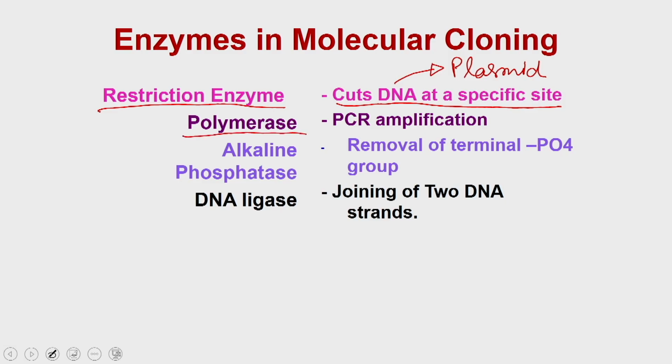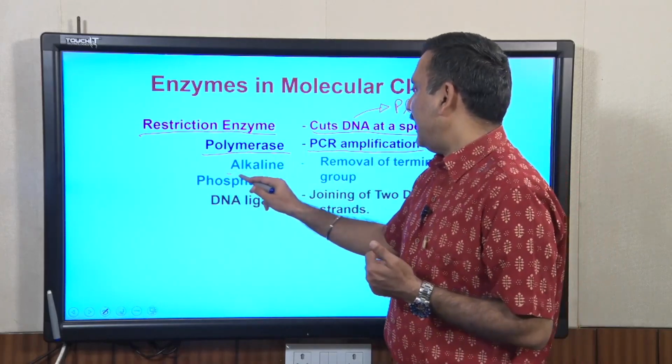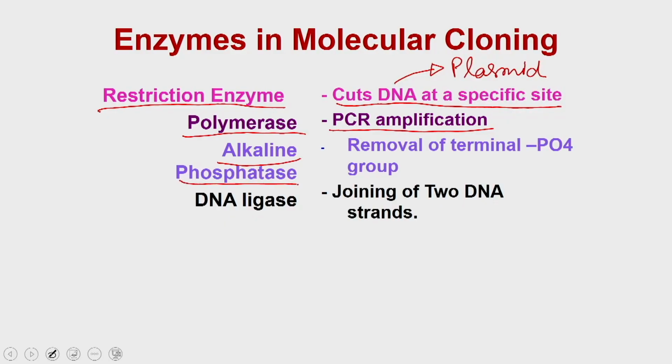In the previous lecture we discussed PCR amplification utilizing polymerases belonging to the Taq DNA polymerases. Then we have the alkaline phosphatases. The purpose of alkaline phosphatases is to remove the terminal phosphate group, and that also has specific applications in molecular cloning.